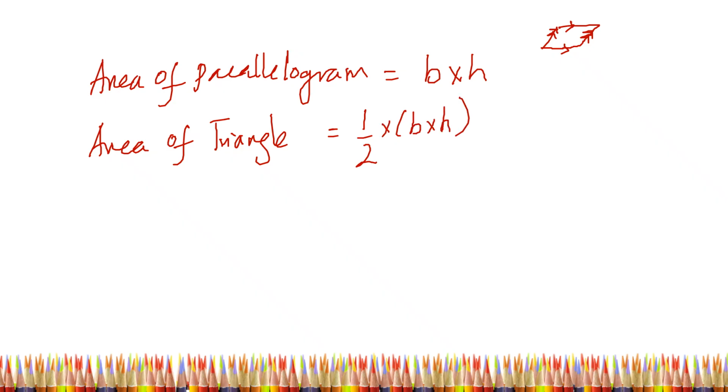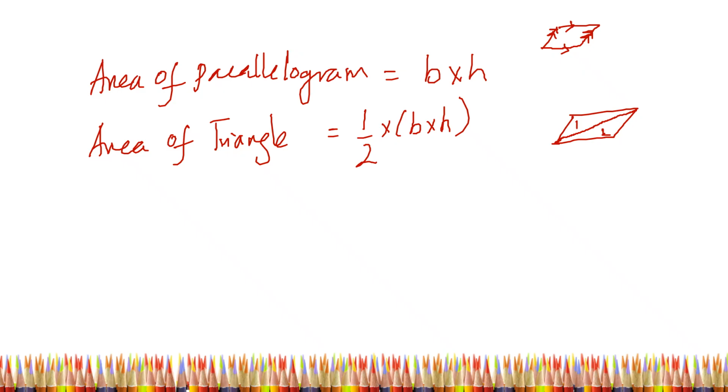Now if you look at the parallelogram, when you divide it from the diagonal, what this diagonal does is basically convert the parallelogram into two congruent triangles, which means they are equal in size and shape, this triangle and this triangle.